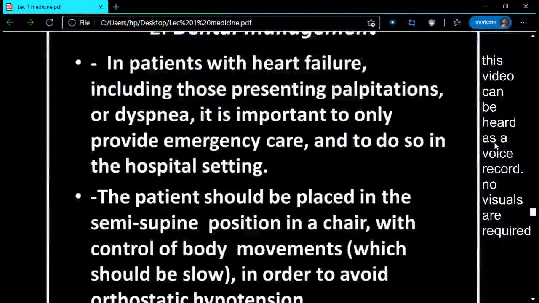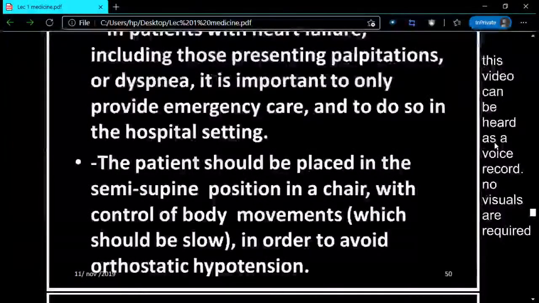In patients with heart failure, including palpitations or dyspnea, it is important to provide emergency care in the hospital.